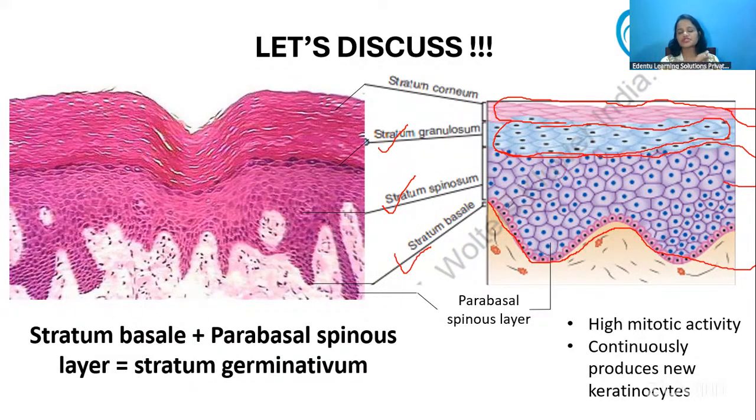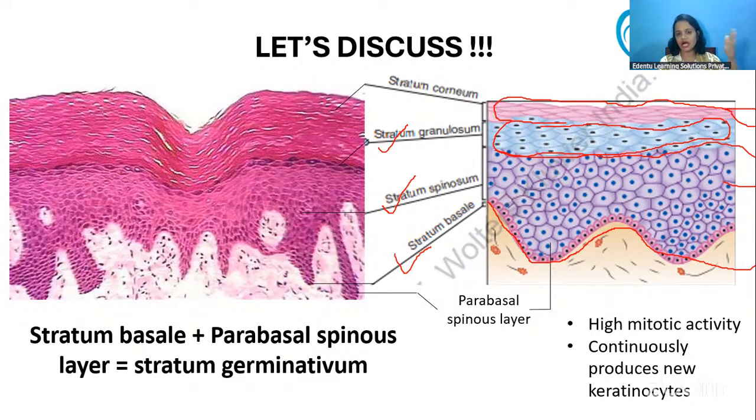Which layers are included under the stratum germinativum? It mainly indicates the stratum basale, the basal layer, together with the parabasal spinous layer. The parabasal spinous layer means the spinous layer that is just above the stratum basale.